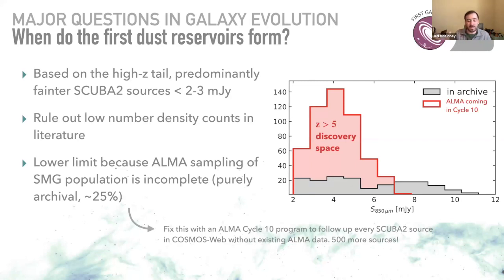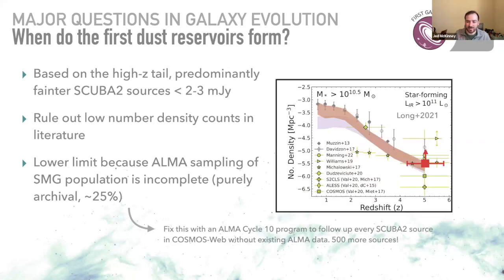Now, many of these might just turn out to be a little less luminous, still at cosmic noon-ish, maybe redshift 3. So it's entirely possible that there isn't a dramatic increase in the number density of these sources. But I'm curious, and I think there is room, given the relative balance between the selection functions and the distribution and fluxes that we've really been able to dig into currently, that this will creep significantly higher.